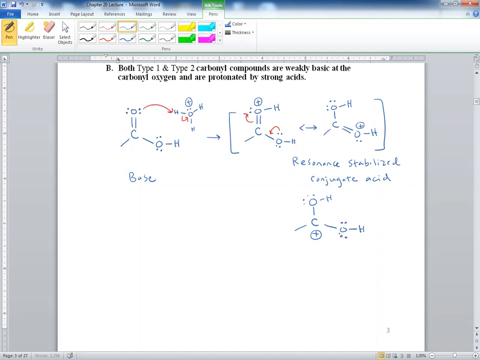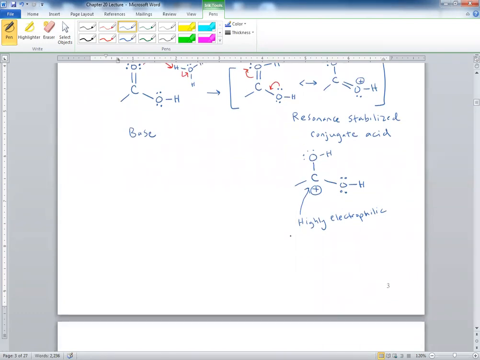So this is highly electrophilic. Which again makes it prone to an attack by even weak nucleophiles because of this positive charge on the carbonyl carbon.